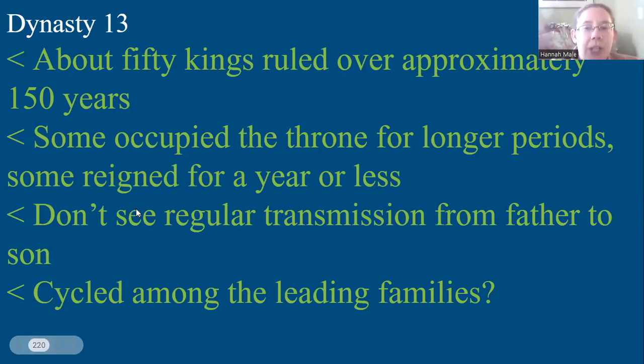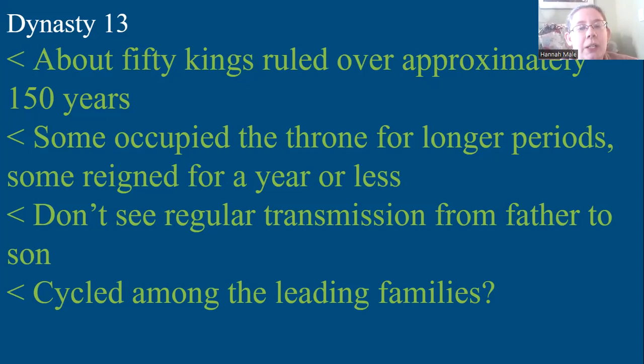So after Dynasty 12, we then get into Dynasty 13, and I talked about how Dynasty 13, whether you put it in the Middle Kingdom or that Second Intermediate Period, is a little bit more contentious among Egyptologists. So in terms of the written record, we seem to have about 50 kings over a period of around 150 years, but there seems to be a lot of rapid turnover.